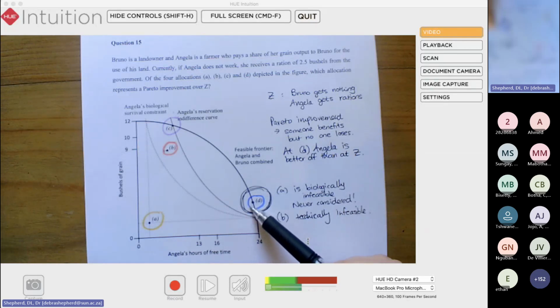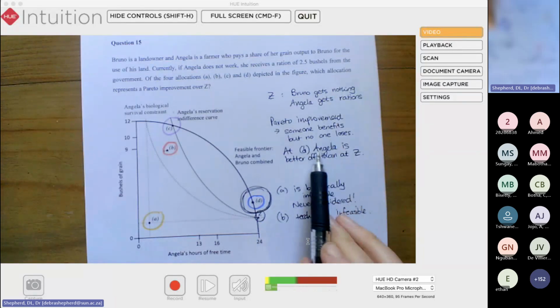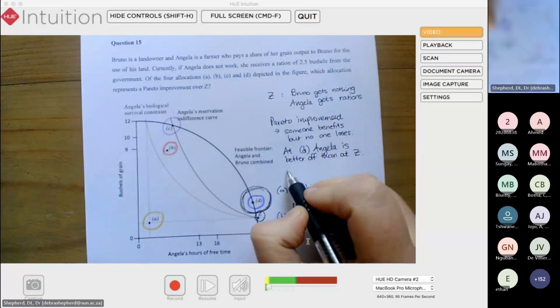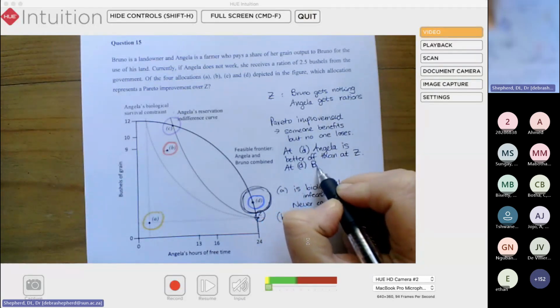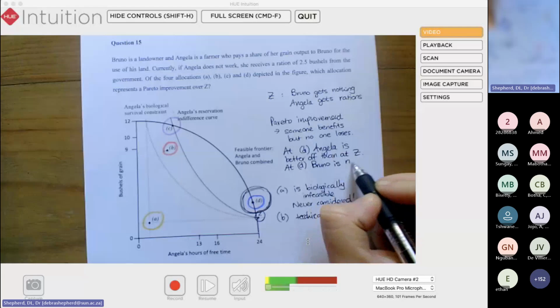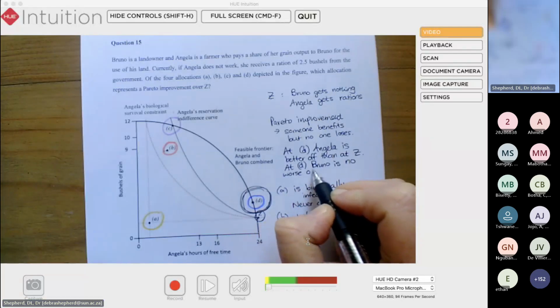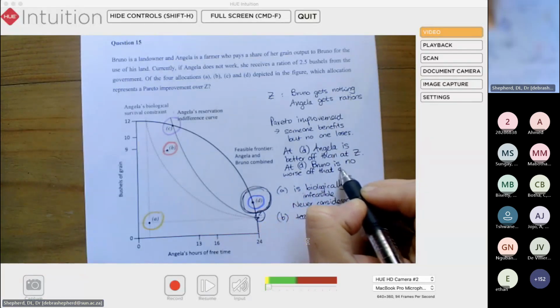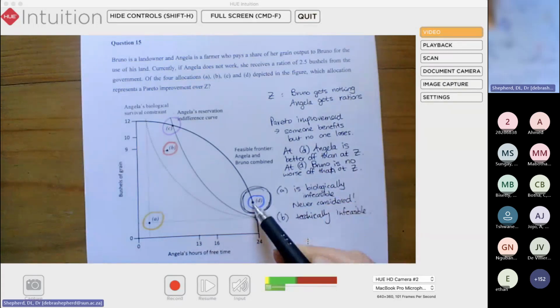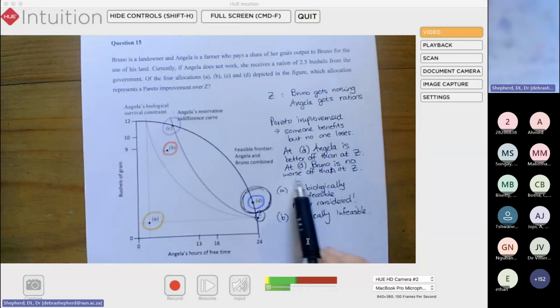And remember, points that lie above an indifference curve give more utility. Okay, so D makes Angela better off. At D, Bruno is no worse off than at Z. At D, Bruno gets nothing. At Z, Bruno gets nothing. And so what that means is that D makes Angela better off, but it doesn't make Bruno worse off. And so D is a Pareto improvement over Z.